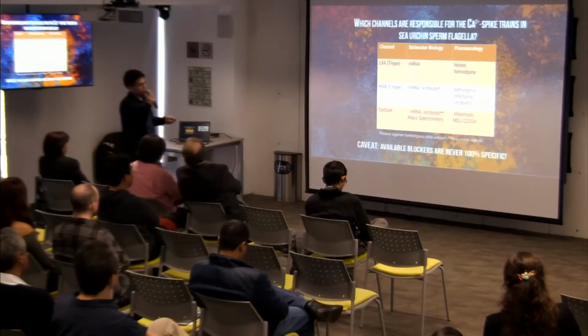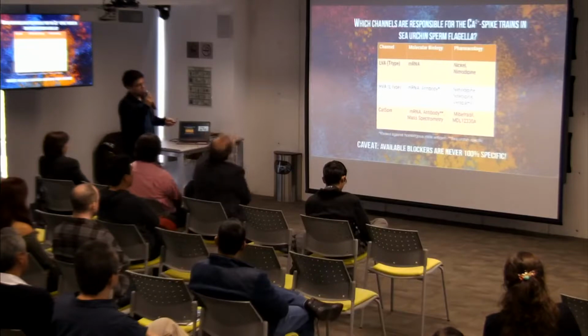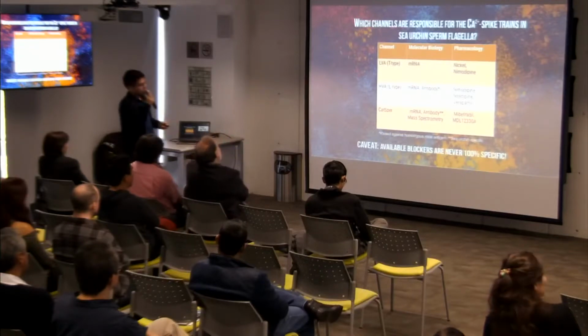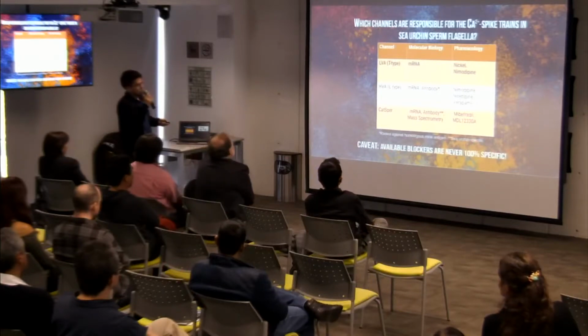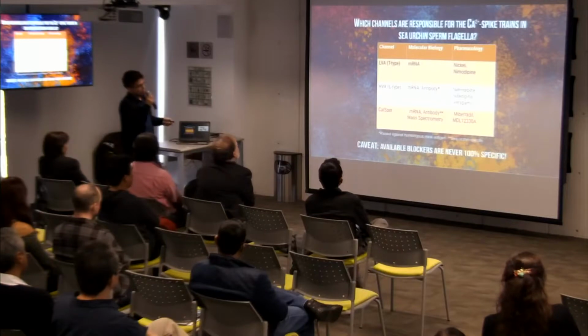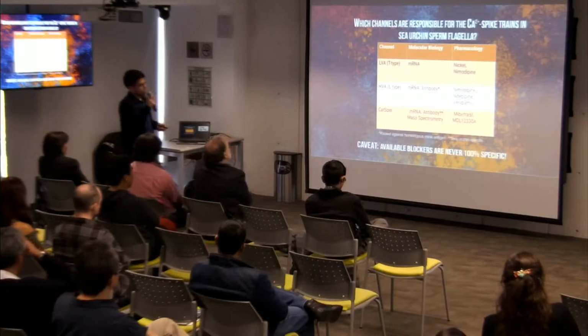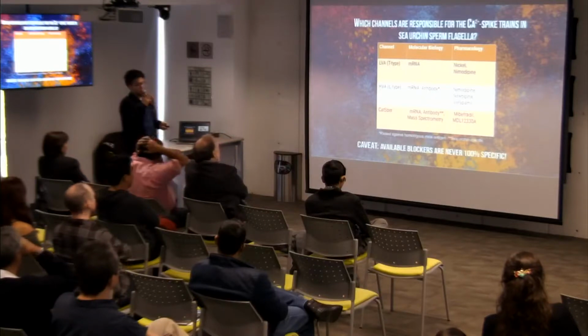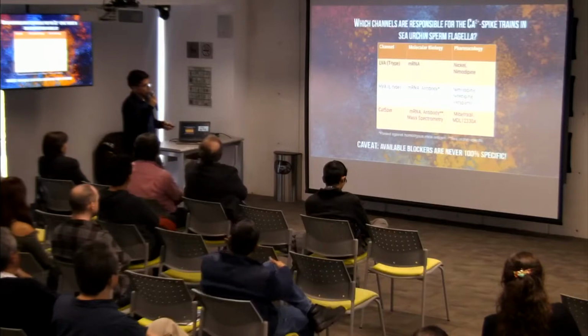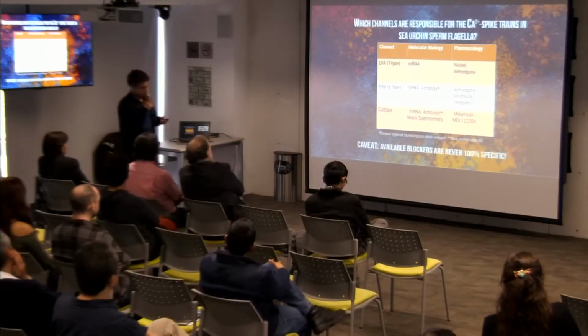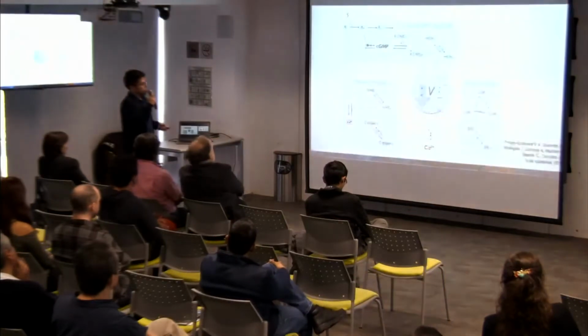So we can only rely on these kinds of drugs and toxins. There's this caveat that the available blockers are never 100% specific. Even though they report that this is specific for this kind of channel, they can cross-react with other channels. So this is a challenge to know exactly how these channels are controlling the response.